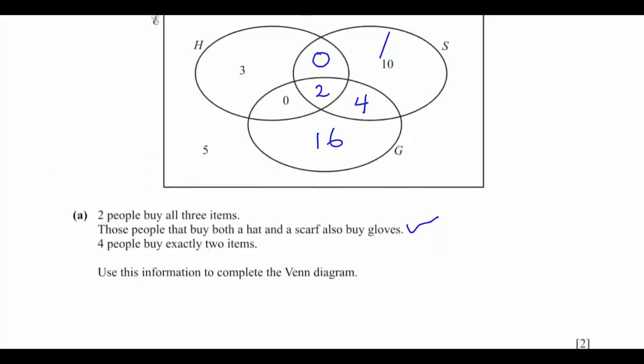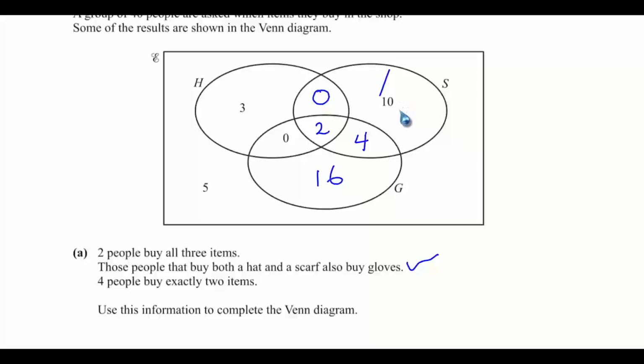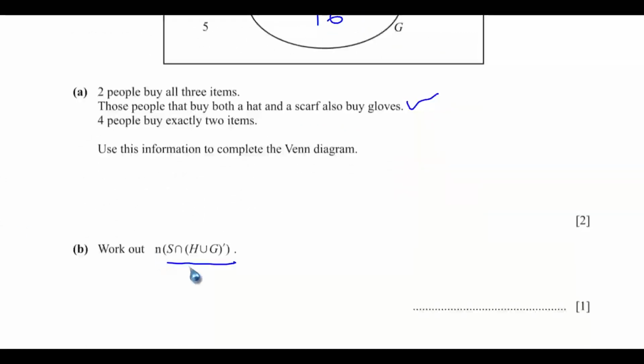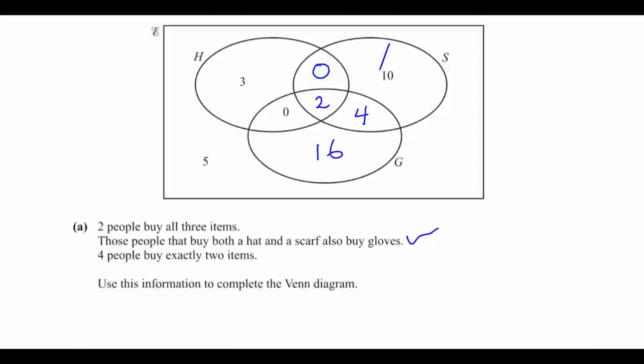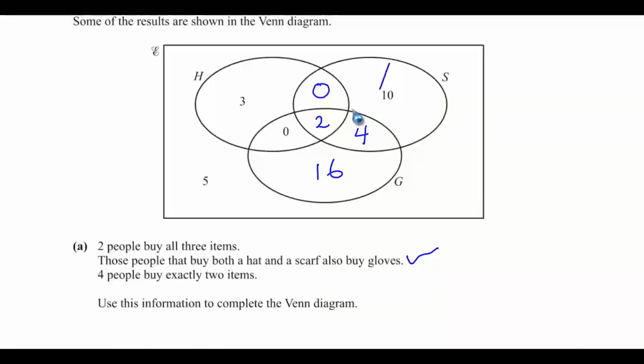So we know we have the 2 areas now: S only and outside this. That is the meaning of this H union G complement. So where does it intersect with S? It will intersect with S here.